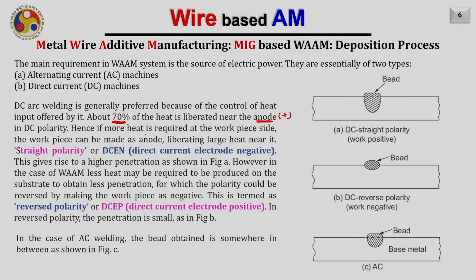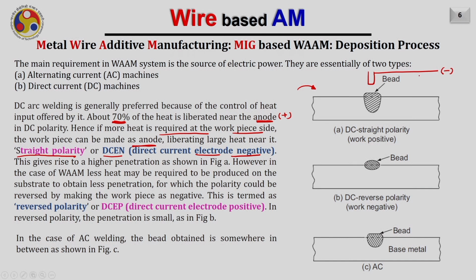Hence, if more heat is required at the workpiece side, then the workpiece can be the anode. And it is also called straight polarity, we know that. Or in other words, it is also called DCEN, direct current electrode negative. Let us consider this case here. There is an electrode and this electrode is connected with the negative polarity, DCEN, right?